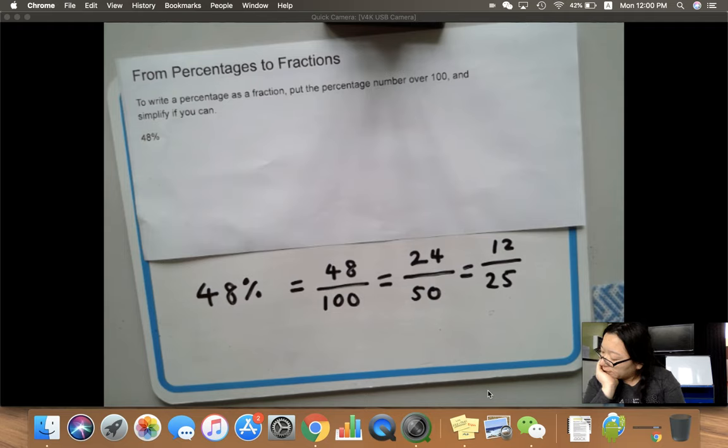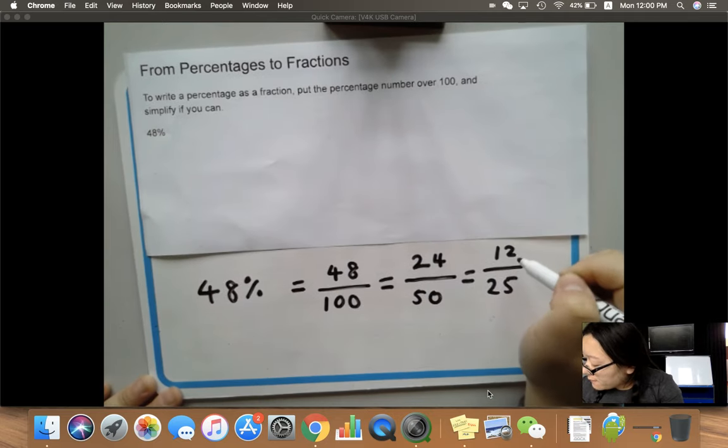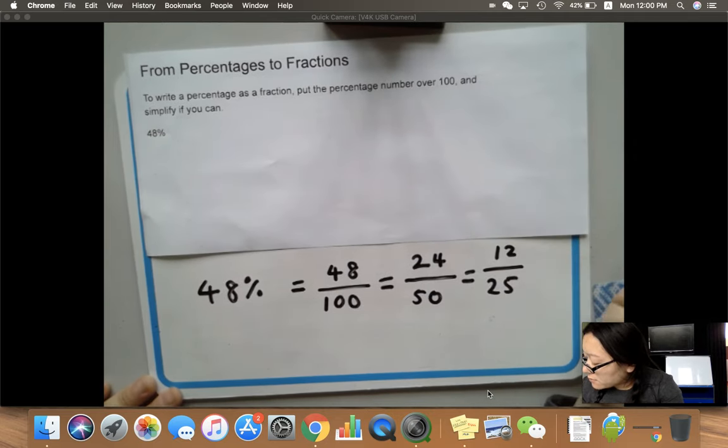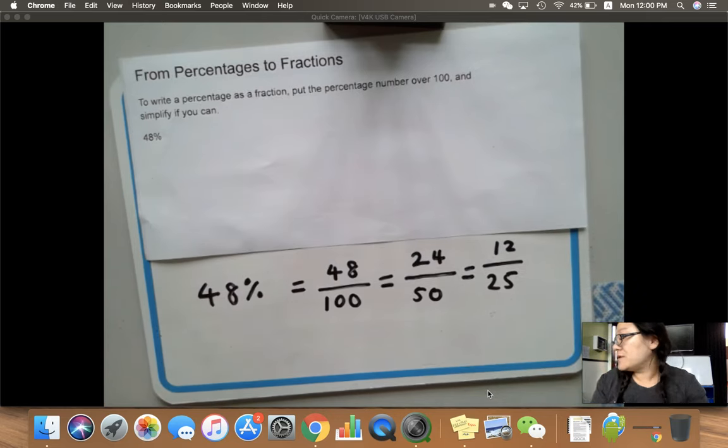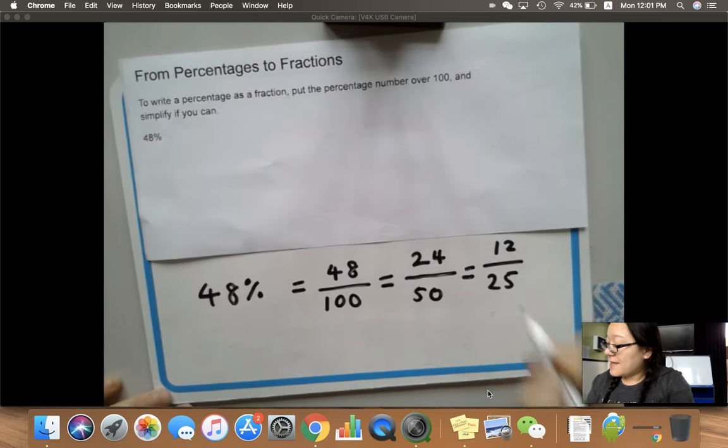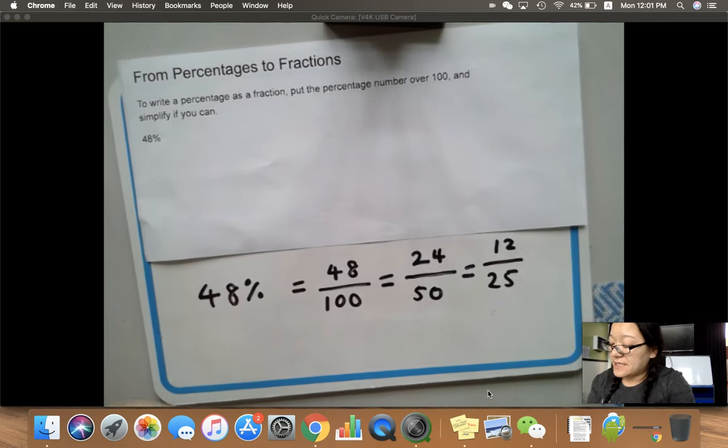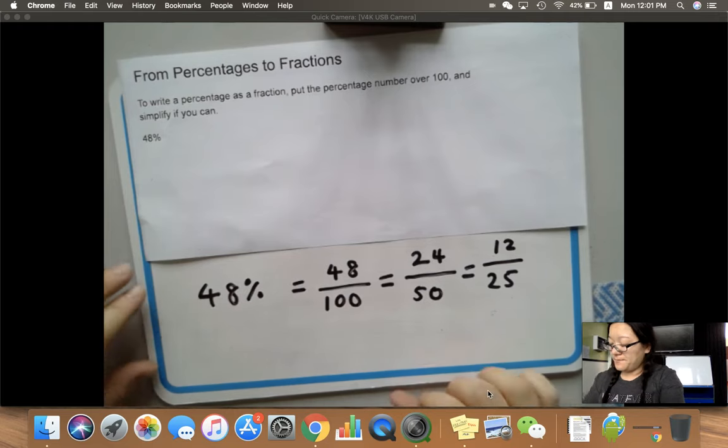No, 12 over 25. I don't think they have any more common factors. Am I wrong? 12 can't divide by 2 or 3 or 4 or 5 or 6 or 7. No, I think that's it. So 12 over 25 is the same as 48%. Okay.